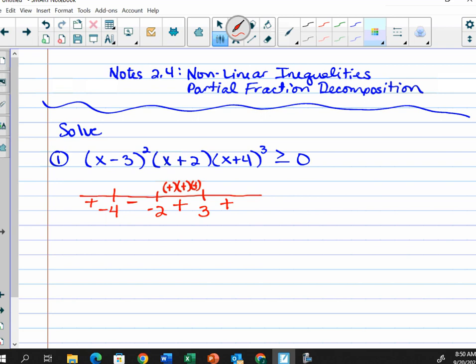All right. This question said, when is this greater than or equal to 0? So that's this end over here. I'm going to include the -4, include the -2, include the 3, all of that. So how do I write the answer?